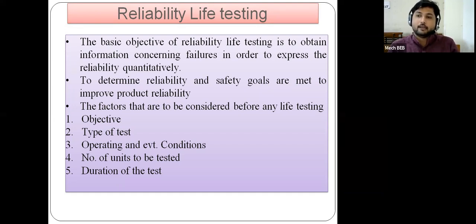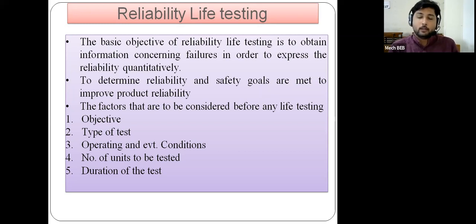We neglect the proper procedures to use the product. So in India the safety factor is more as compared to the European and Western countries.